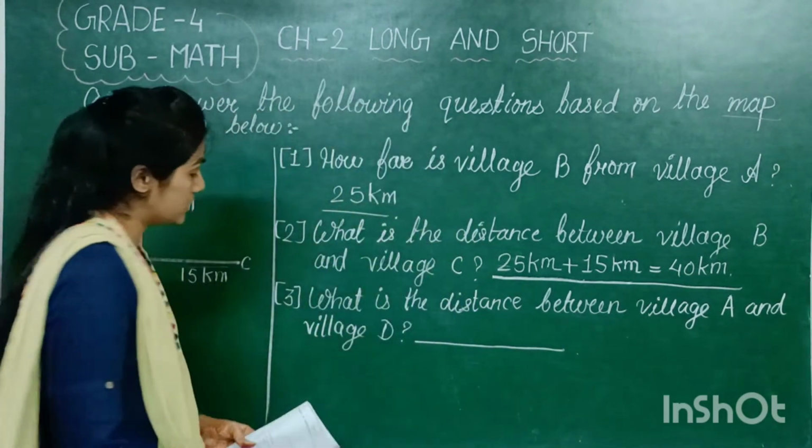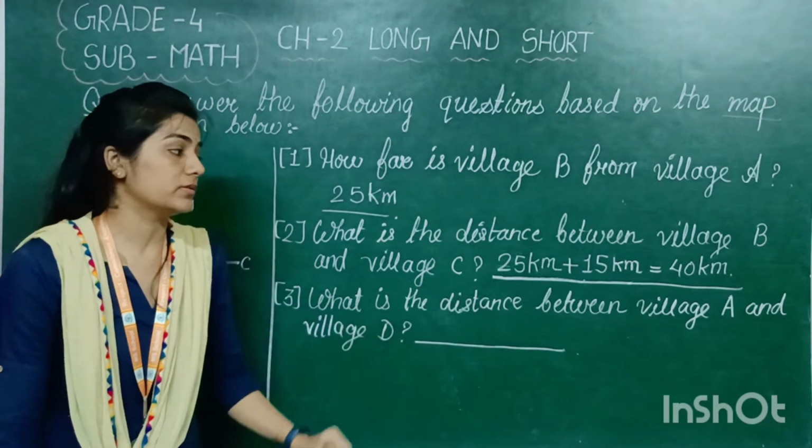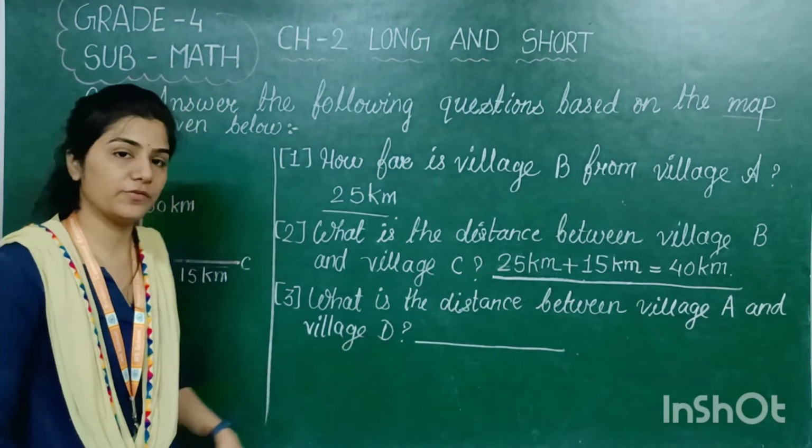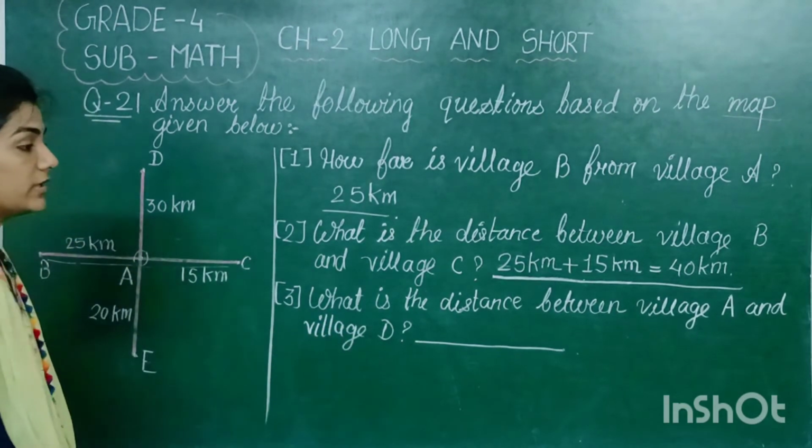So this question 3 is the same as question number 2, but the village points are given different, right? So village A and village D, this distance we need to find.